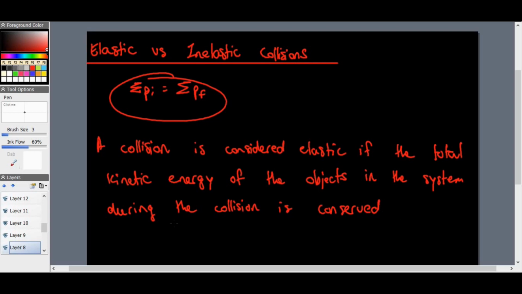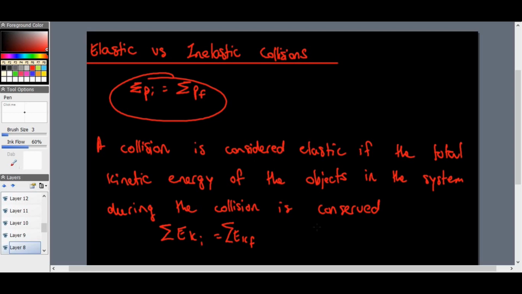In other words, EKi, initial, is equal to EKf. Not just EKi and EKf, but total, so sigma. I think it's the Greek symbol sigma. Total kinetic energy before is equal to total kinetic energy after, which should make sense.